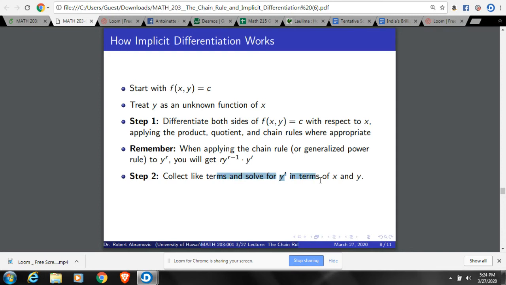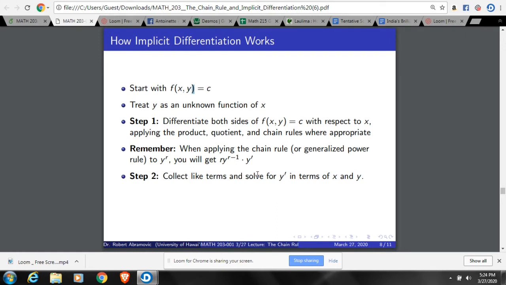Collect like terms and solve for y prime in terms of x and y. That's the second step. So when you differentiate both sides with respect to x, you're going to get a new equation where the derivative of the right-hand side is always going to be 0, because the derivative of a constant is always 0. On the left-hand side, some terms are going to have factors of y prime, some terms are not.